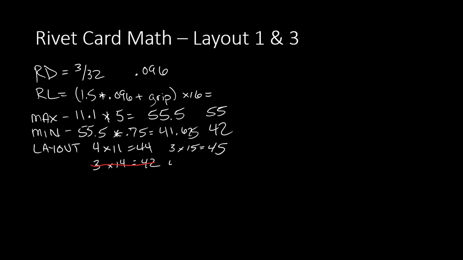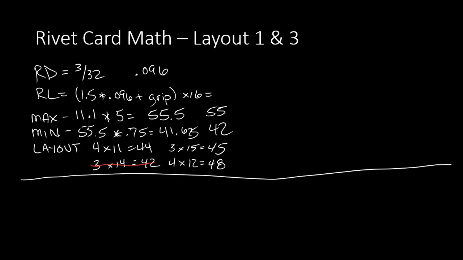Let's see, I could also do 4x12 and get 48 rivets. But I wouldn't want to go beyond 4 rows. I don't think it works beyond 4 rows. You can try it. I like 3 rows, but then 15, I don't know if that works. So you guys are going to have to try to figure that out.